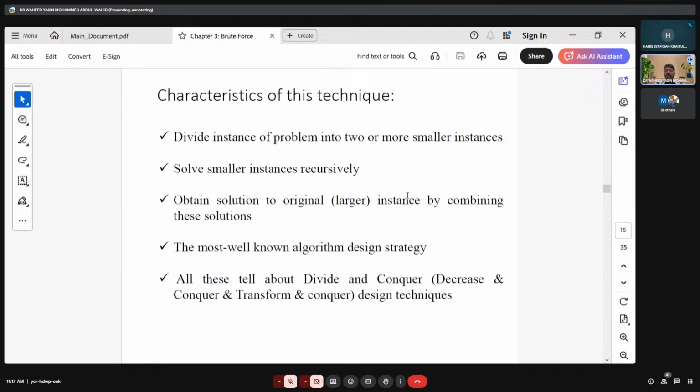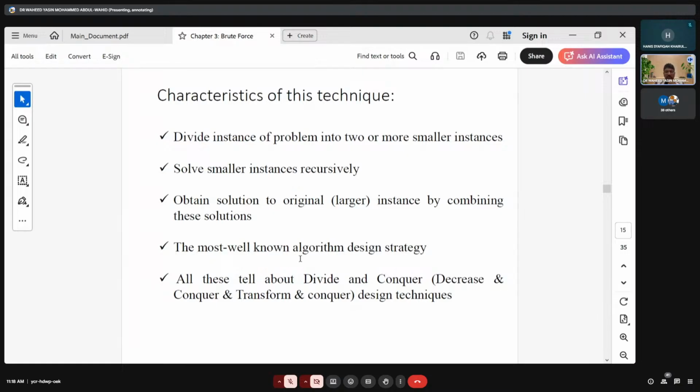Characteristic of this technique: divide the instance problem into 2 or more smaller instances, solve the smaller instances recursively, and obtain the solution to the original larger instance by combining these solutions. This is the most well-known algorithm design strategy, divide and conquer.